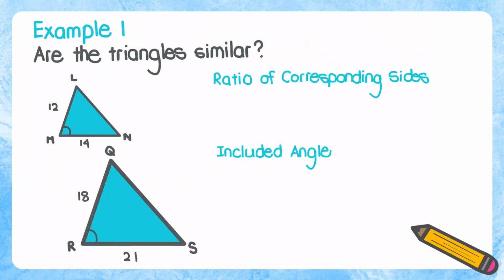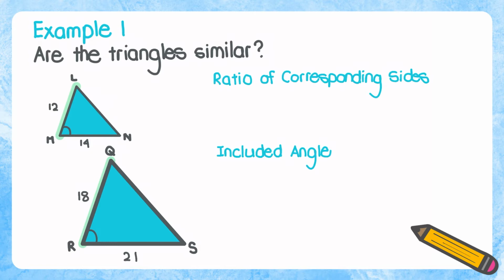So here's our first example for this lesson. Are the triangles similar? We have two triangles, triangles LMN and QRS. So we're going to take a look at the ratios of corresponding sides, as well as the included angle. So our first pair of corresponding sides is side LM and side QR.